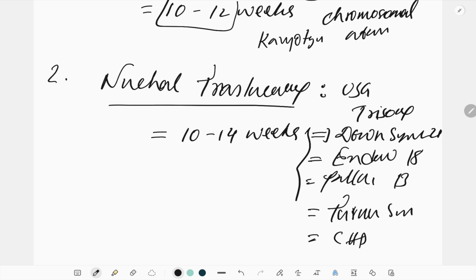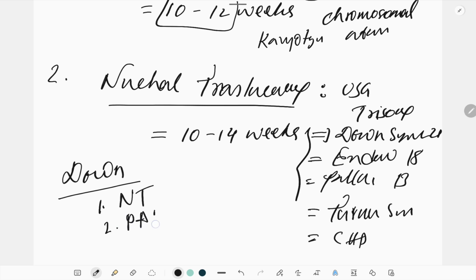increased. And in case of Down syndrome especially, there are three tests which increase the sensitivity and specificity for the diagnosis. The three tests are: number one, nuchal translucency, in short NT; number two, PAPP-A test; and beta HCG.